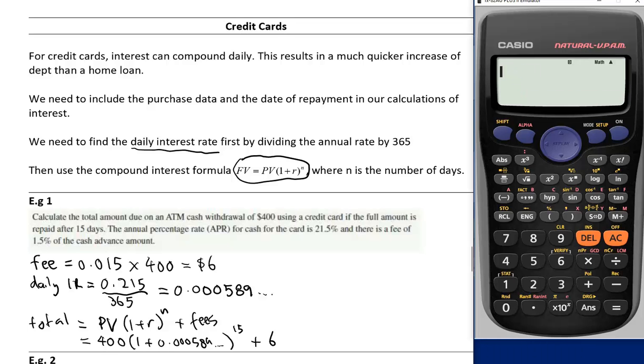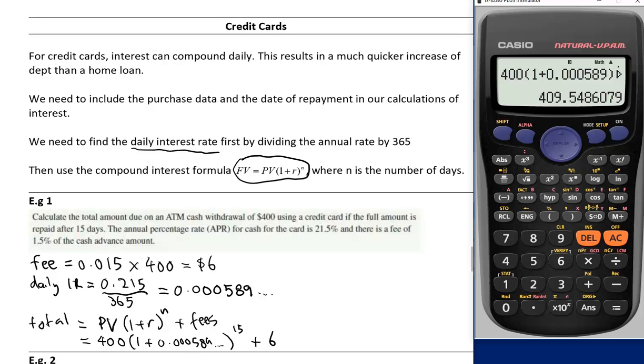So when we put that in our calculator, we get 400 times 1.000589 to the power of 15, plus 6. I shouldn't have cleared my screen, but it was very close to that. And this gives us an amount here.